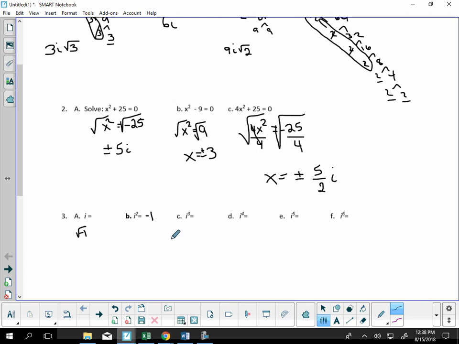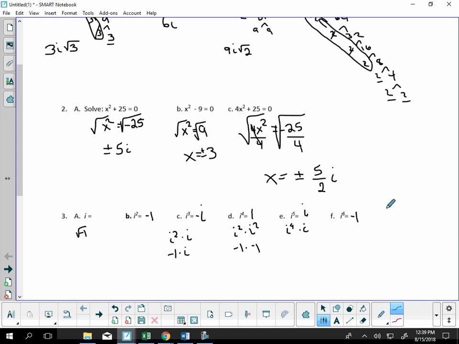On i cubed, if I thought of that as i squared times i, that would be negative 1 times i, which would be negative i. i to the 4th is 1, because I could think of that as i squared times i squared, which would be negative 1 times negative 1, which gives me the positive 1. i to the 5th would be i to the 4th times i, which would be 1 times i, or just i. And if you start doing this, they start repeating themselves.